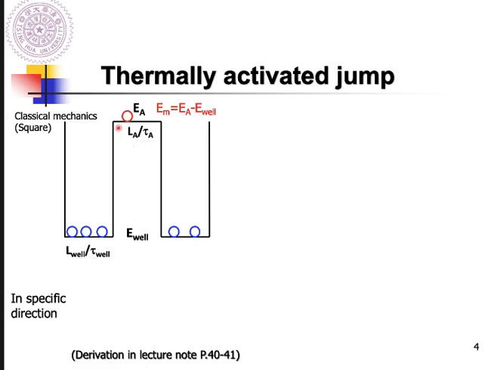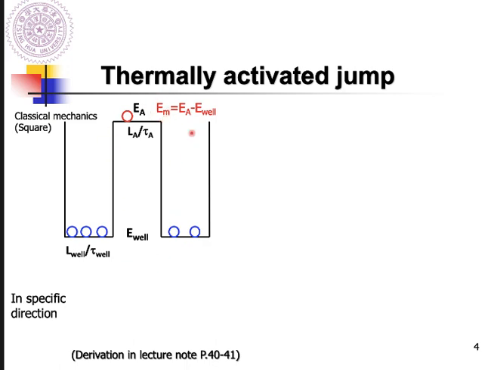The same idea can be applied here. LA is the vibration length of these atoms at this state, and tau A means how much time the atom stays in this activated state. The energy difference between EA and E well we call the migration energy or energy barrier.